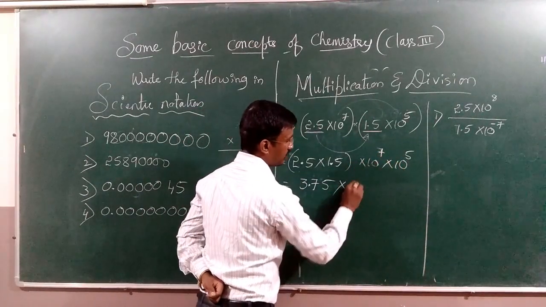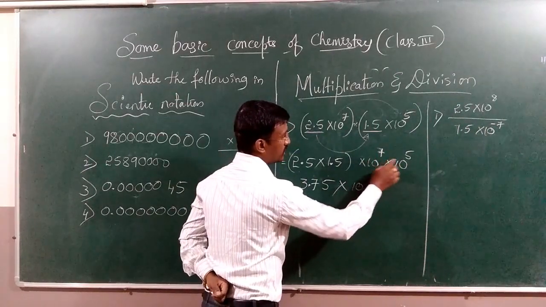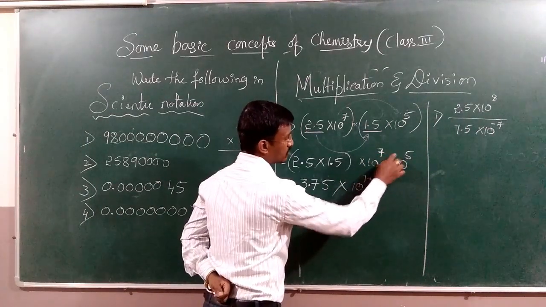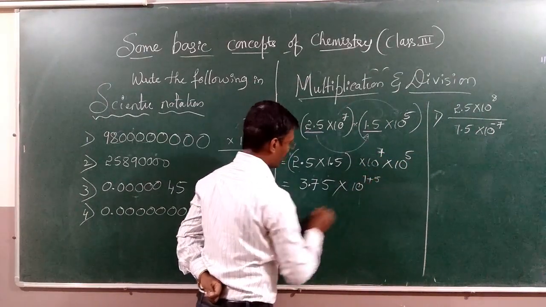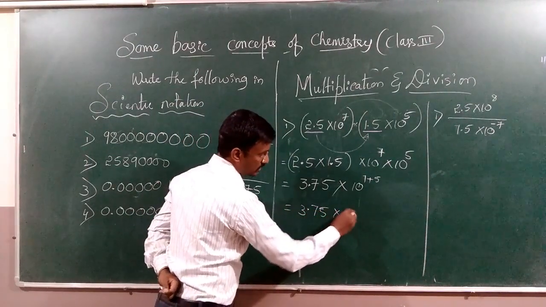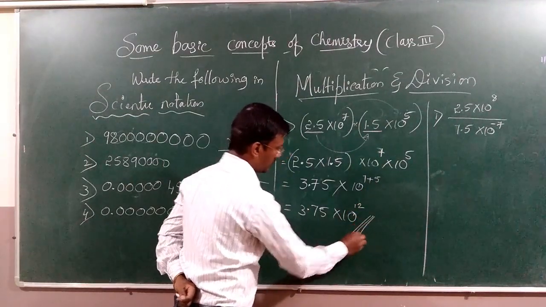7 and 5, 10 is the same base. So for the powers, since these two are multiplied, we will add. 7 is positive and 5 is also positive, so 7 plus 5, therefore 3.75 into 10 raised to 12. This is the answer.